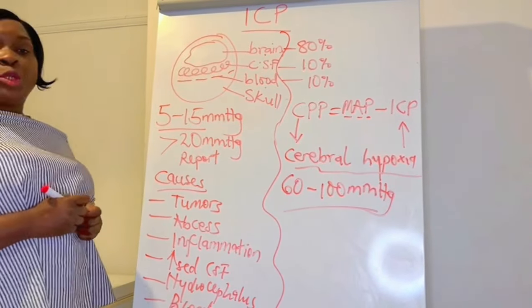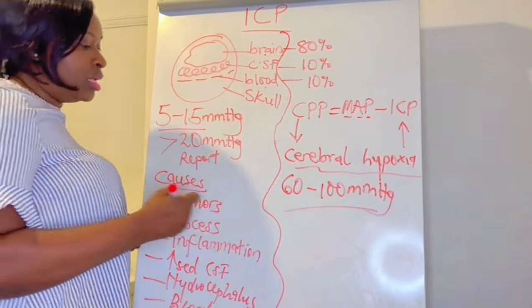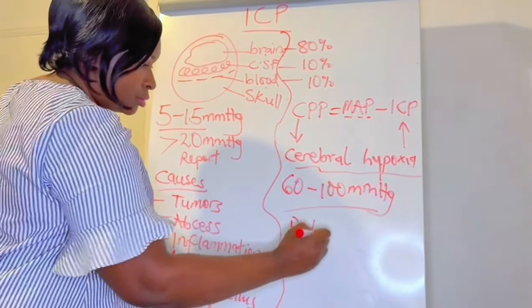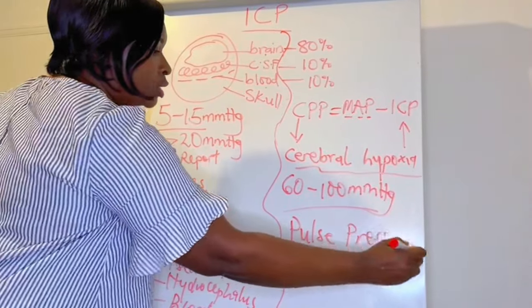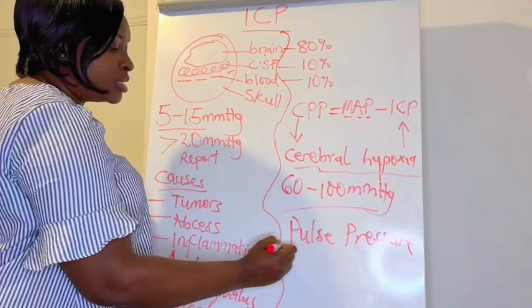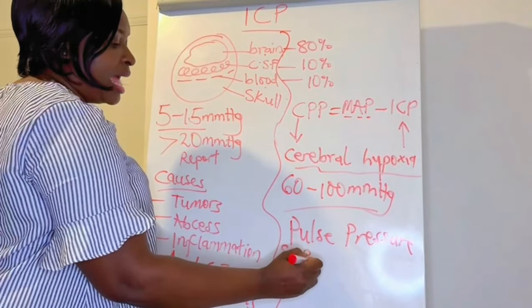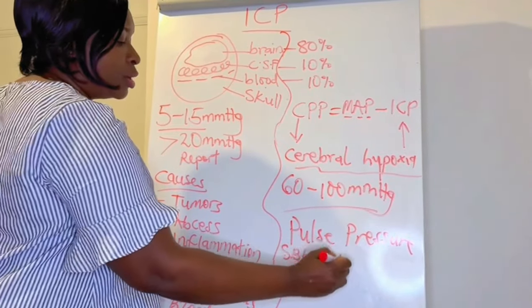Now, another thing we need to look at that will help us in this study is our pulse pressure. We want to look at what is pulse pressure. Your pulse pressure is the difference between your systolic blood pressure and your diastolic blood pressure.